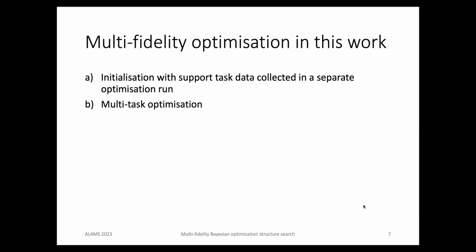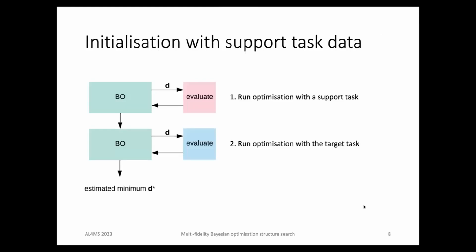And then about these two approaches, first, we wanted to look into using support task data to initialize our target optimization task. So here we start with a support task optimization run. We use that to collect data, and then we use that data as initialization data in a separate target optimization run. And here, this target optimization uses a multitask model to capture dependencies between the tasks and to transfer information from the support task data to the current optimization task.